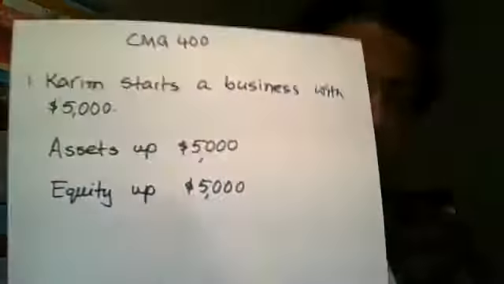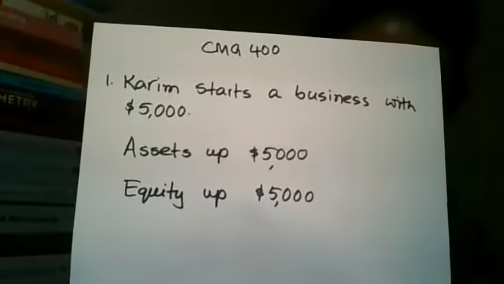Yes, sir. All right. So we have an increase of $5,000 in our assets. So assets up by $5,000, and owner's equity is also up by $5,000. I'm holding this onto this camera so that you can read it.